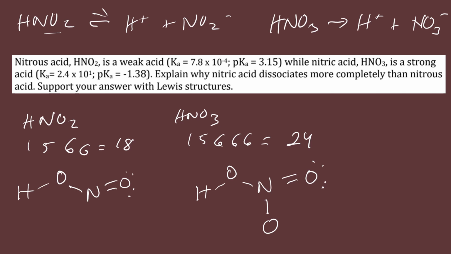So we have 2, 4, 6, 8, 10, 12. And then nitrogen, let's throw on a lone pair for that one. Now it can bond with the other ones. So 2, 4, 6, 8, 10, 12, 14. The only place you can really put them is on the oxygens.